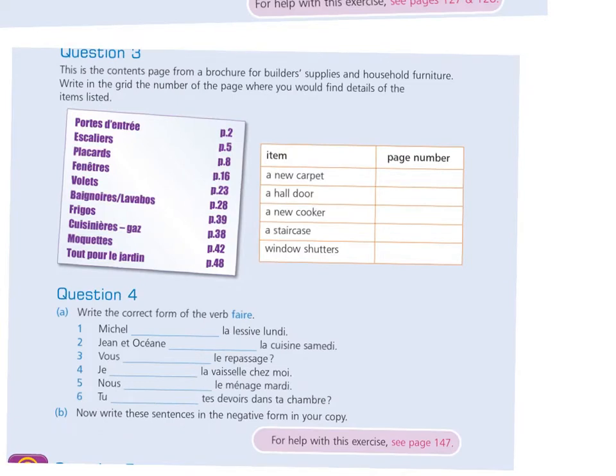Okay, so next one we were looking at the vocab for different furniture and things around the house. So this is a contents page from a brochure for builder supply and household furniture. Write in the grid the number of the page where you would find the details of the items listed. So a new carpet. Carpet is a moquette, so page 42.